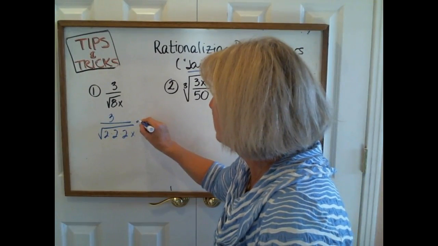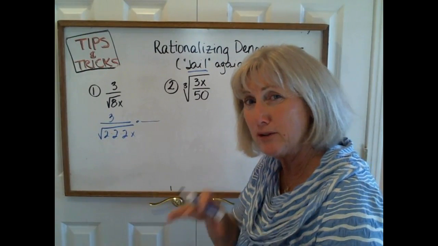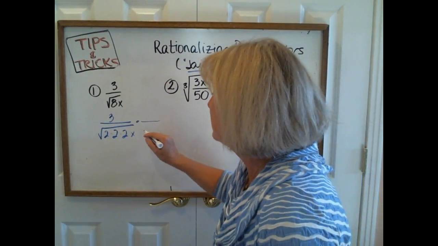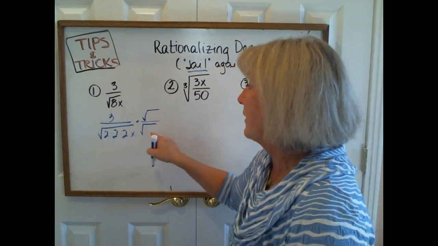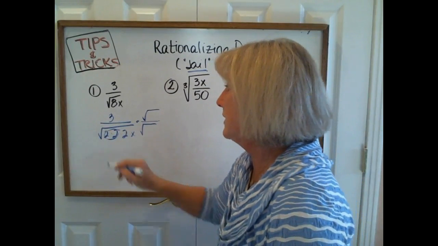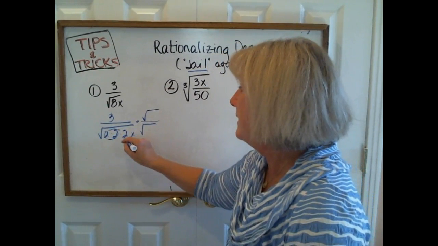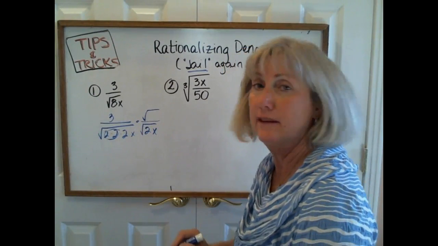So we're going to multiply by the minimum number of things, because we like to keep our numbers small. So we want to add the smallest number of things to this to make it so everybody has a friend to get out of jail. So these two can get out of jail. This needs a friend, so we need a 2, and the x needs a friend, so we need the x.